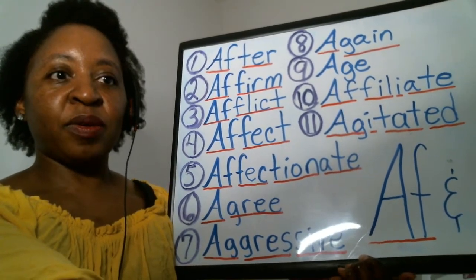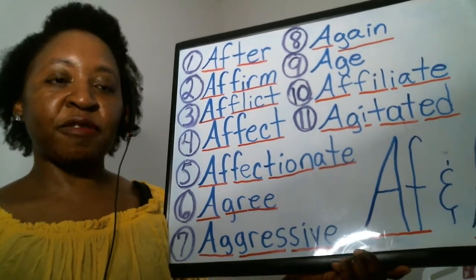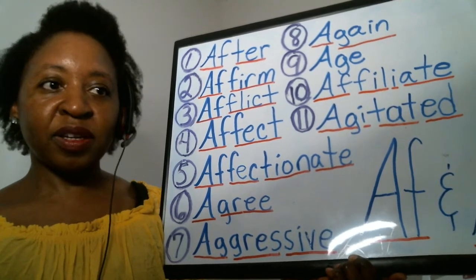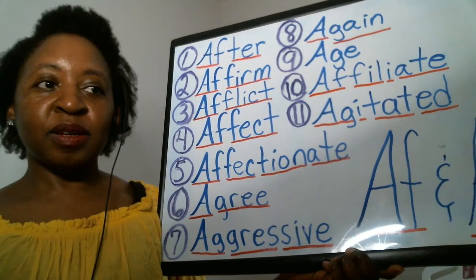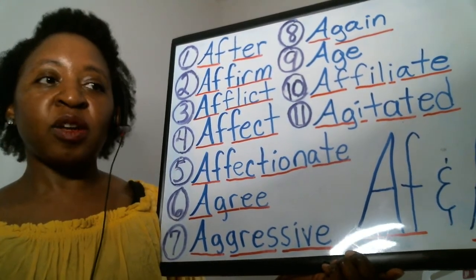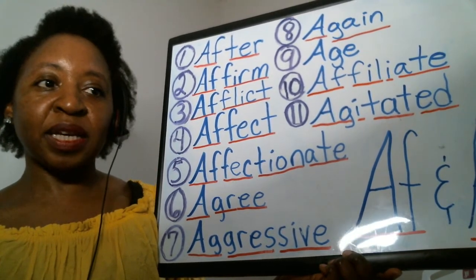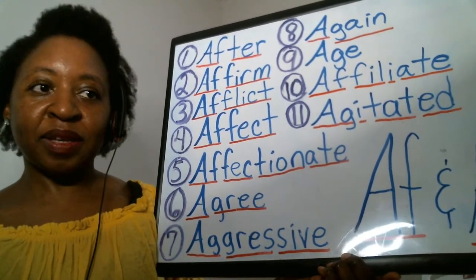And also, affect can mean to touch the feelings of someone or to move them on an emotional level, to move them emotionally. An example of that as a different way to use the word affect, your homework sentence is the hardships he experienced affected him deeply.